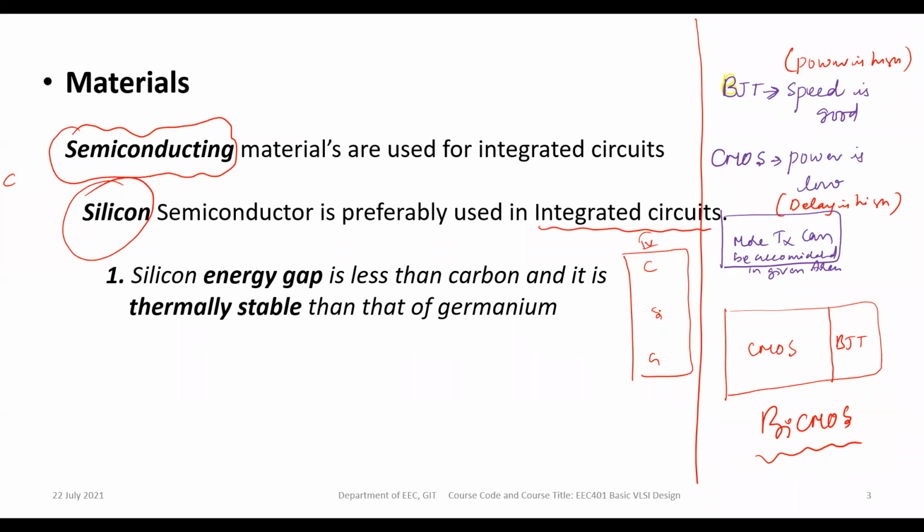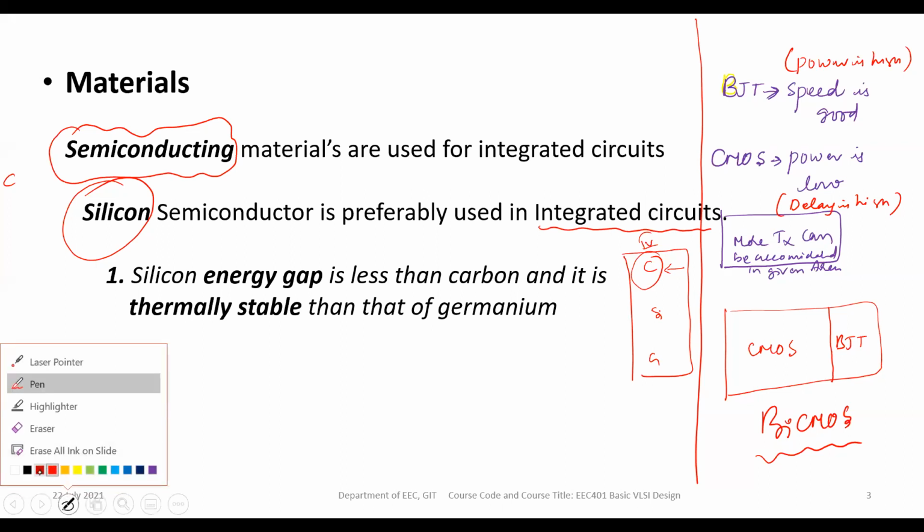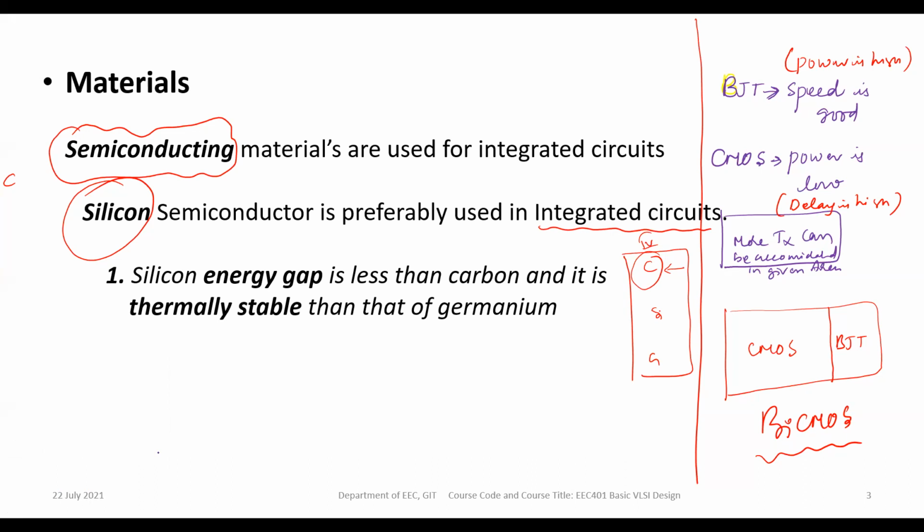If you are using semiconductor materials, why can't we use carbon? Carbon has high thermal stability. That means if you make any integrated circuit with carbon, it can withstand high temperatures. The operating temperature of carbon is very, very high. But the biggest problem is that the energy gap is also very high.